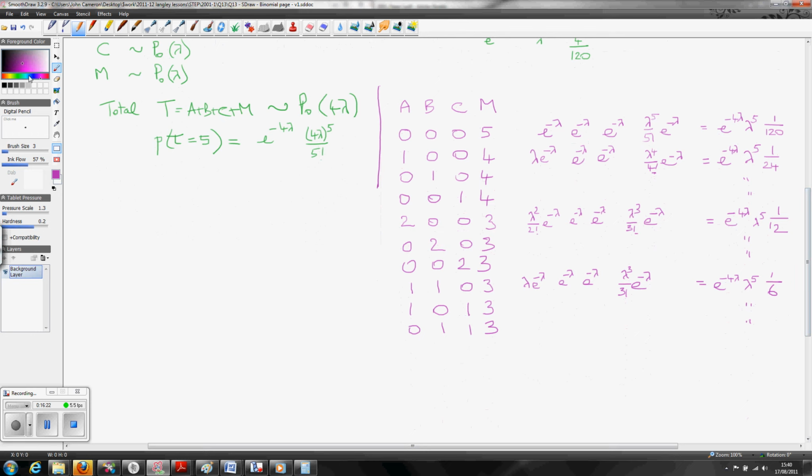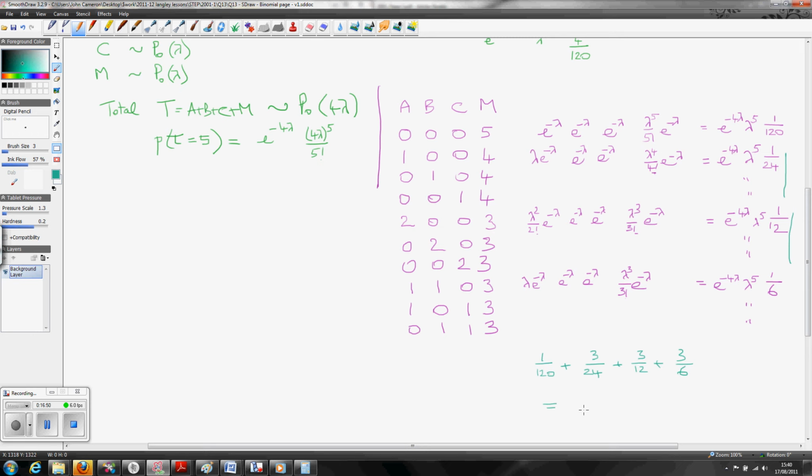What I want to add up is 1 over 120 plus 1 over 24, except it's 3 over 24, because I have 3 of those possibilities here. Here are the 3 possibilities. And now I've got 3 over 12 and then 3 over 6. 3 over 12 plus 3 over 6.